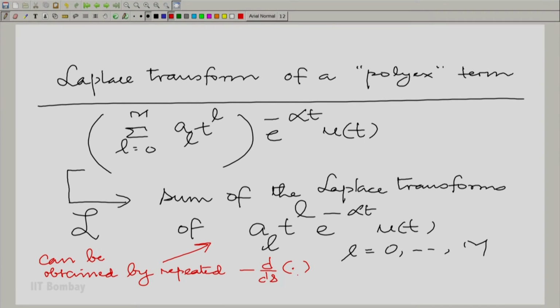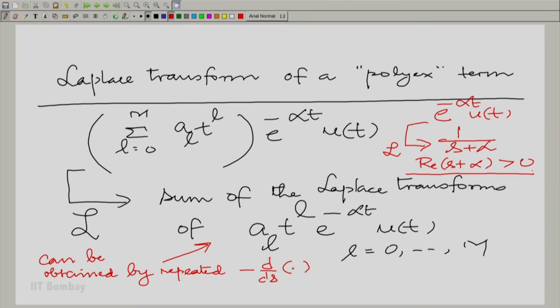So, e raised to the power minus alpha t u of t, let us begin with that. It has a Laplace transform given by 1 by s plus alpha with the real part of s plus alpha greater than 0, or real part of s greater than minus real part of alpha.